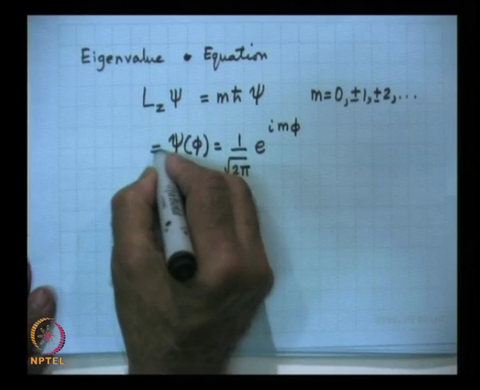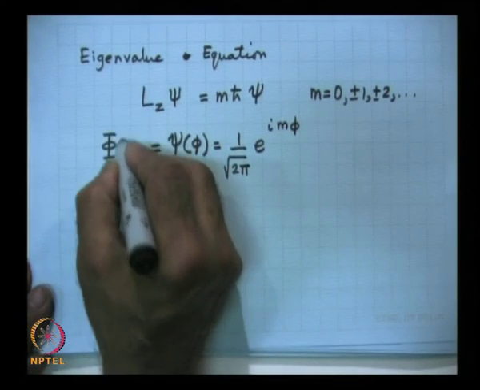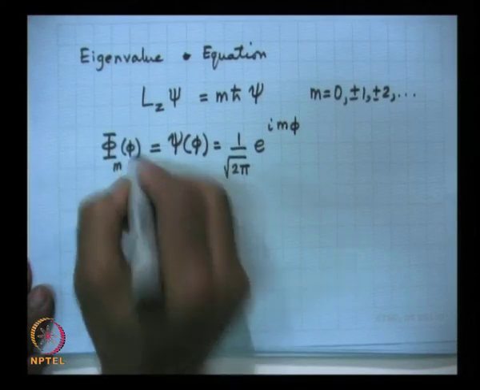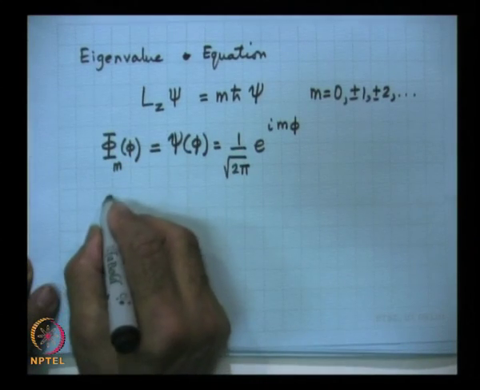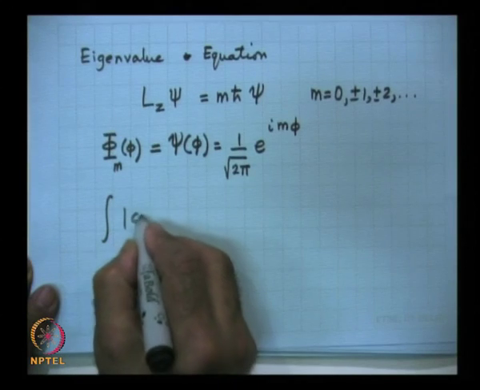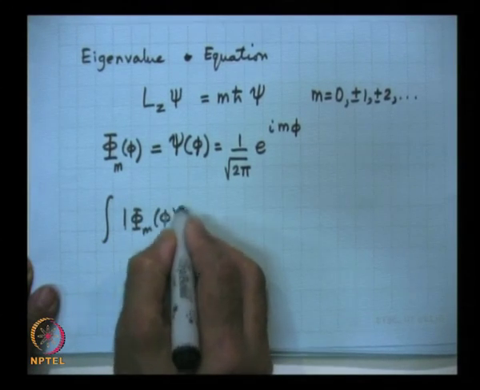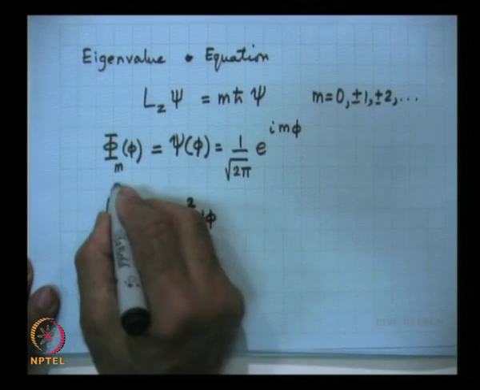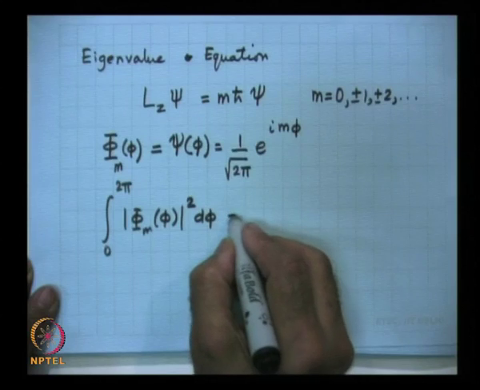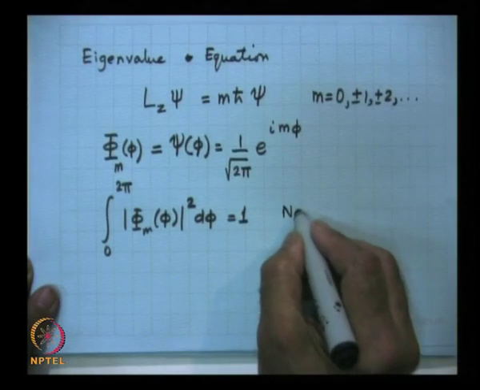These wave functions are usually denoted as capital phi subscript m of phi. And because of this normalization constant, if you have the integral of phi m squared d phi from 0 to 2 pi, this will be 1. This is known as the normalization condition.